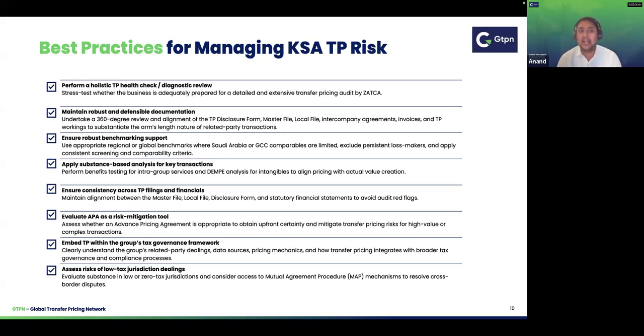That's one important thing. Again, the 360-degree review of documentation: between coherence and making sure you have the substance, and then having the same story and alignment between the TP disclosure form, master file, local file, and all the intercompany agreements and invoices.